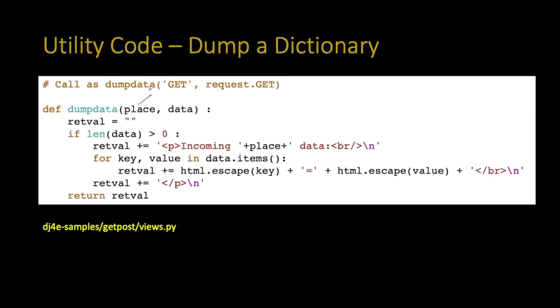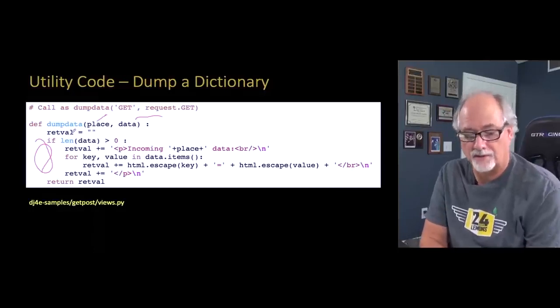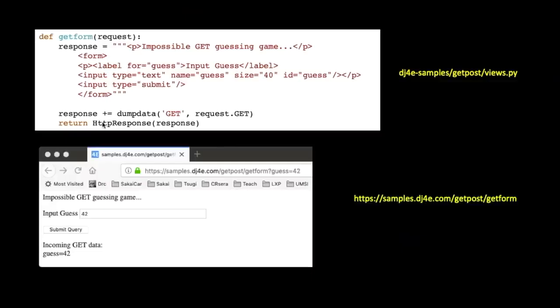I want a little label, probably should call that guy label, and then a dictionary. And so I'm just going to go through all the items and call HTML escape so that we don't end up with HTML cross-site scripting injection. Just print the keys and values out and put some paragraph tags and stuff like that. So it's just a way to dump this out so I can show it to you and not put this code on every one of my slides. So just remember that that's what dump data does.